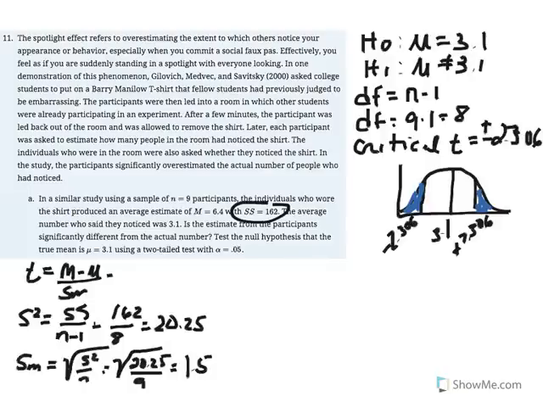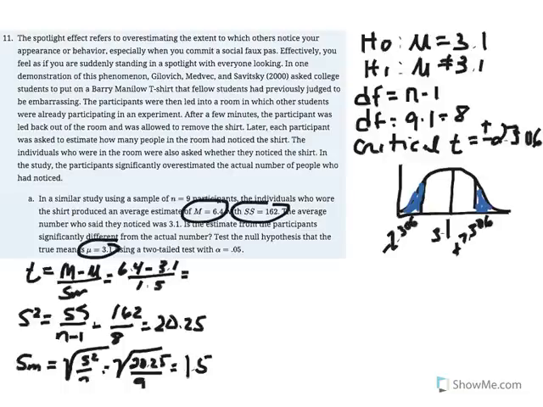We can use that in our t equation. So our sample mean was equal to 6.4 minus our actual average number of individuals that noticed was 3.1 divided by our estimated standard error of 1.5.